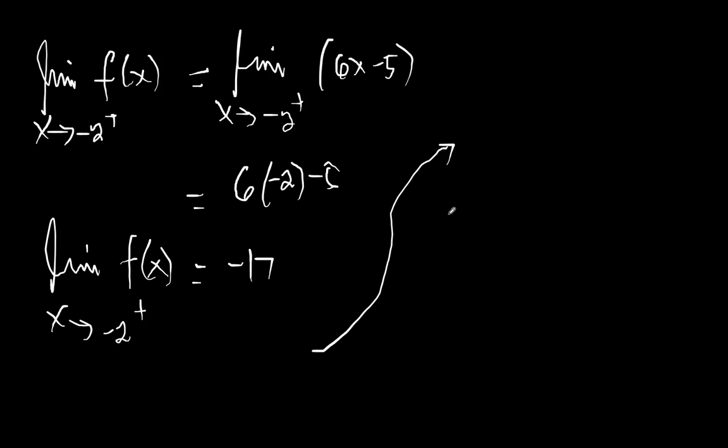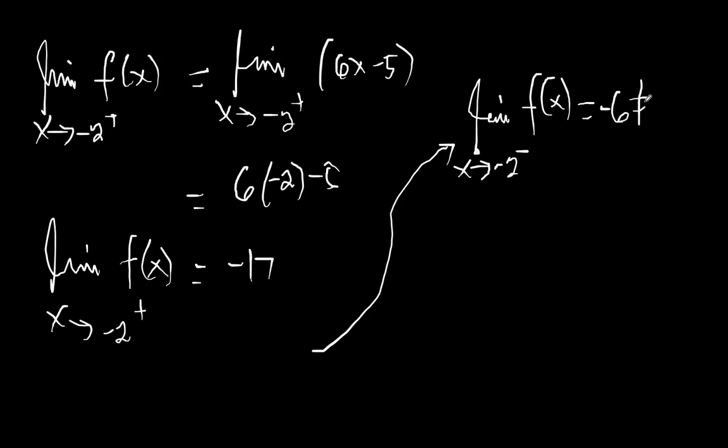So if we check, guys, the limit of f of x as x approaches -2 from the left is equal to -6, which is not equal to -17, the limit of f of x as x approaches -2 from the right.